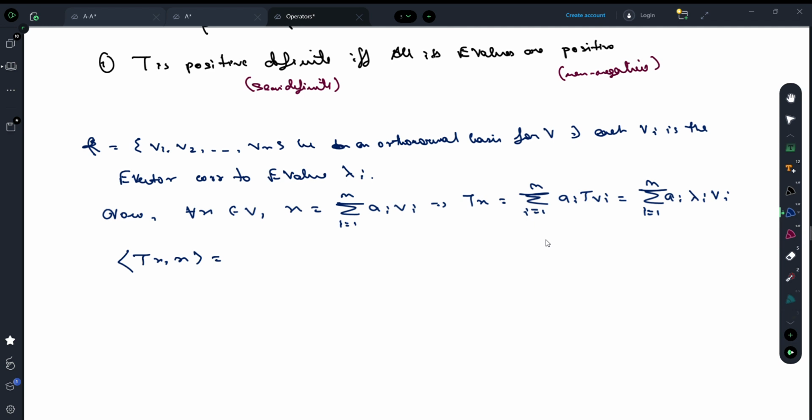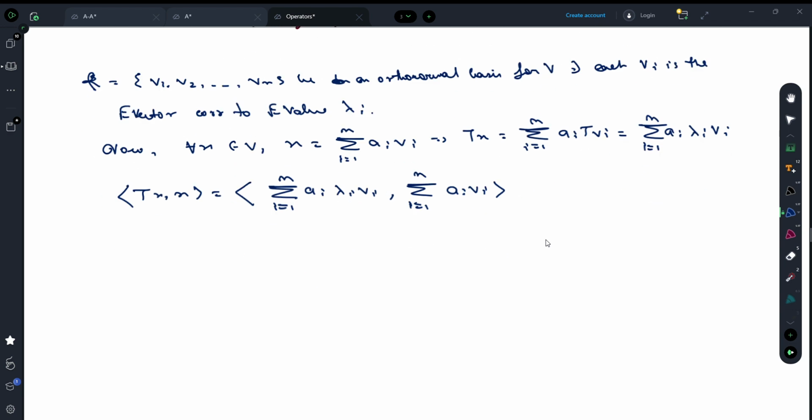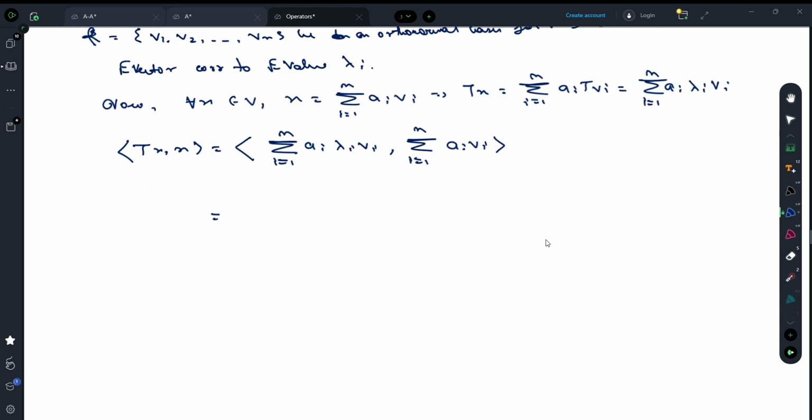So the inner product of Tx with x is the inner product of the summation of ai lambda i vi with the summation of ai vi.